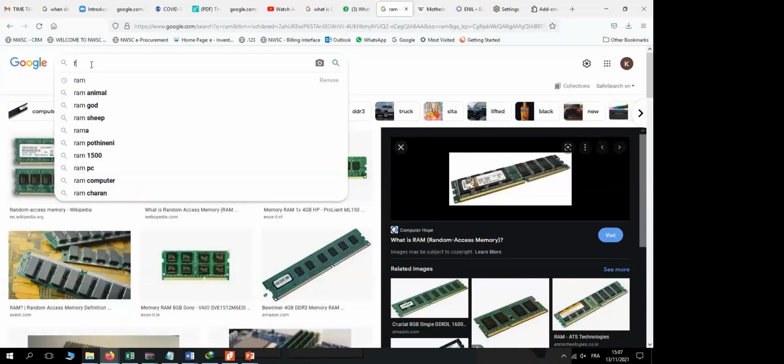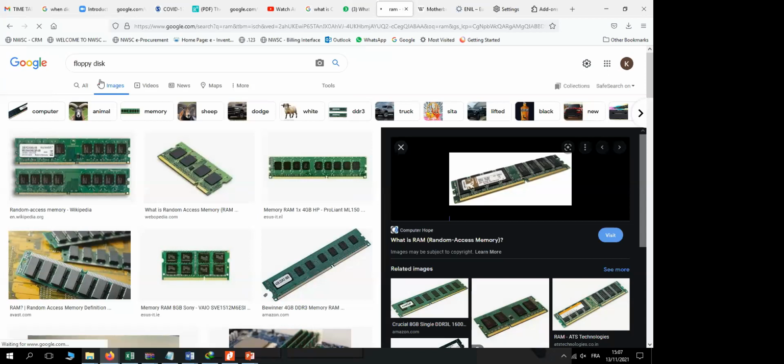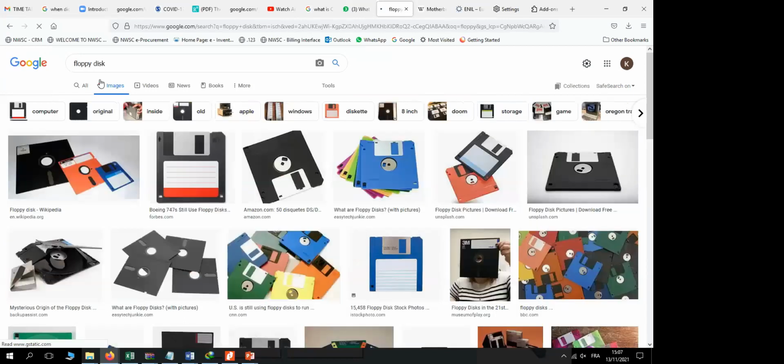It is too small. It cannot hold much information. In total, this is how it used to be, in case you never saw it, in case you never used this floppy disk. Okay, this is how it looks physically, just like what you can see on the screen right now, I guess it has already come.